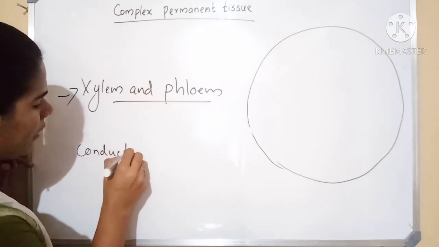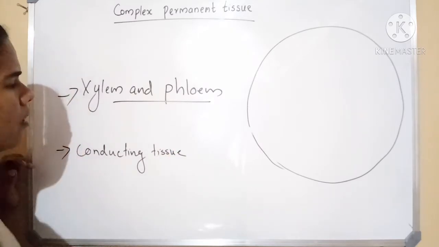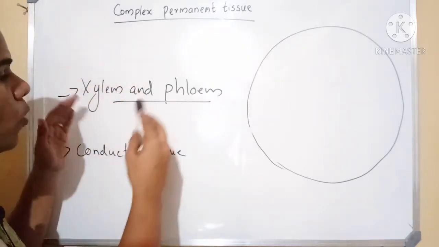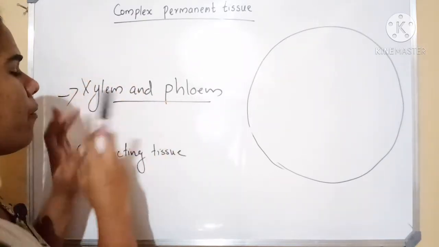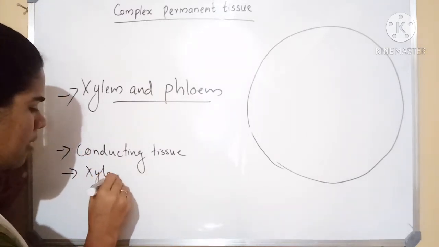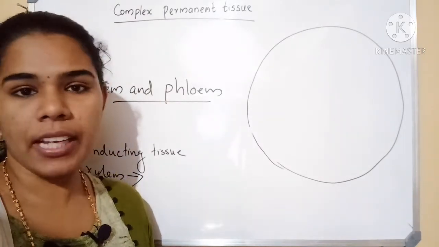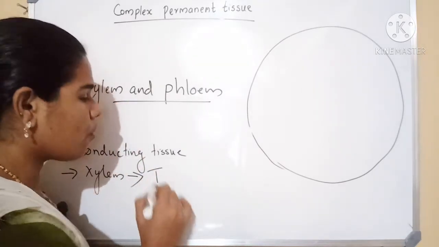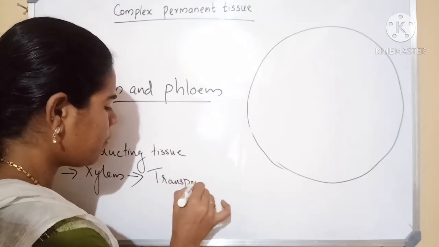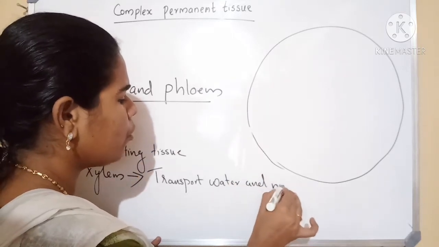We know what the function of these tissues is, since both are conducting tissues. The main function of xylem is to transport water and minerals, or water and nutrients.